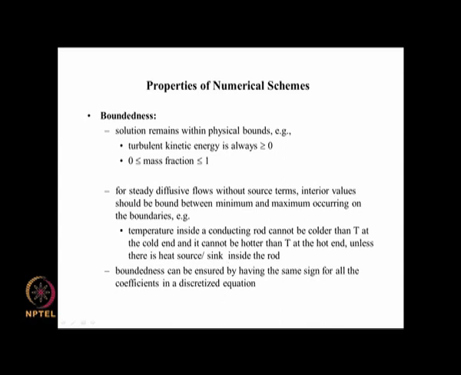Okay. So, the boundedness of the property is something that needs to be honored, and under certain cases it is possible to ensure boundedness, and that we will see in later modules.